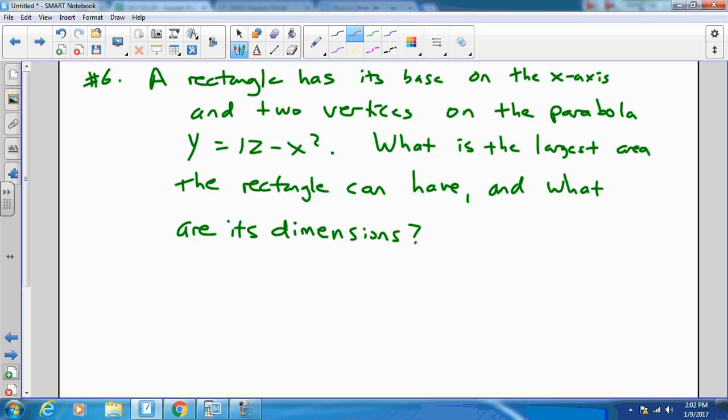Okay. Now let's walk through here and translate this. Our goal is to get a function with a domain so that we can use the critical point endpoint method. Does that make sense?